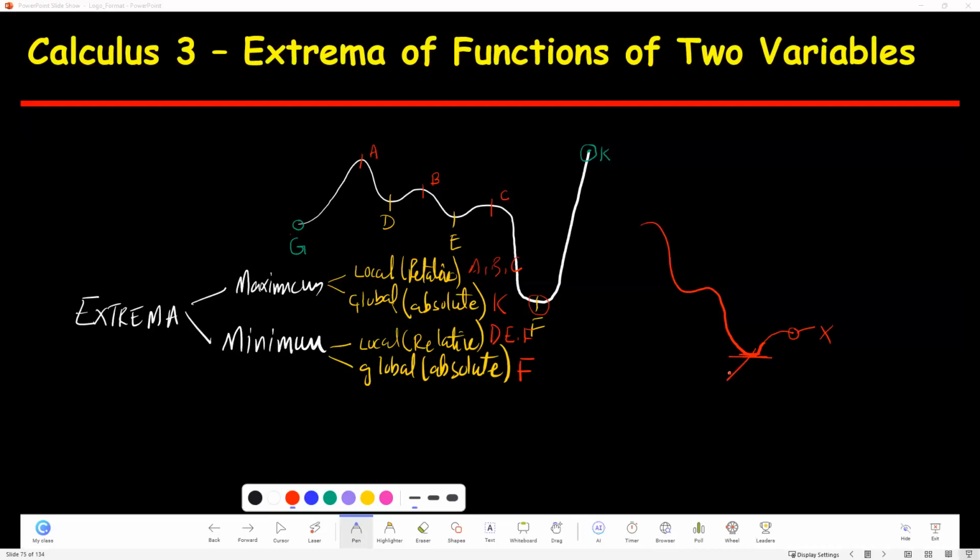This is the lowest one, so this is my global point. And this could also be relative. So every global could also be a relative point for that function, but not necessarily every global is a relative or local.